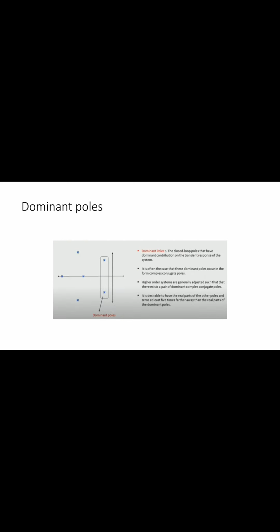Now again here we are seeing the concept of dominant poles because we want to see it with a practical example. Imagine the students sitting on the first bench, middle row and the last row. The ones sitting on the first row can be compared with the poles that are closer to the imaginary axis, and the ones sitting at the end can be compared to the poles which are far away from the imaginary axis.